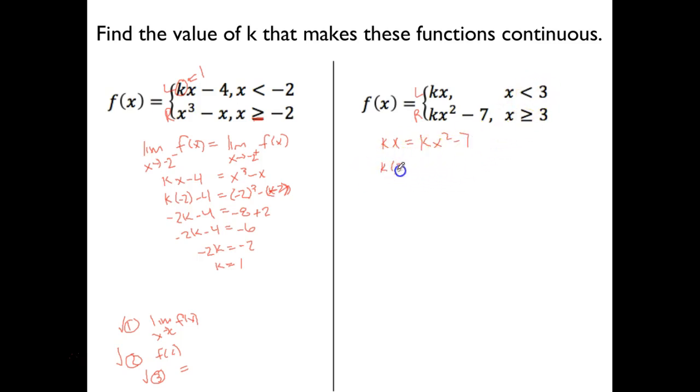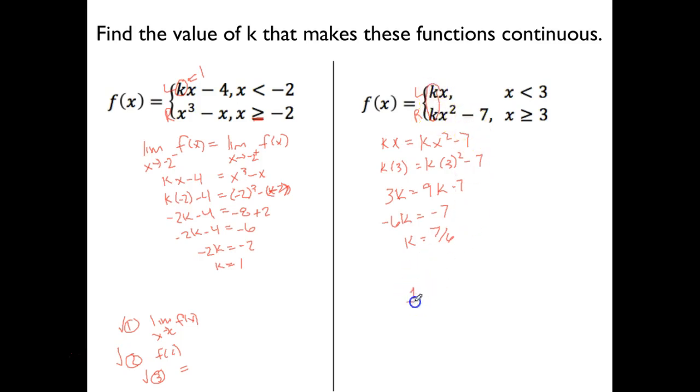So k times 3 equals k times 3 squared minus 7. That's going to give me 3k equals 9k minus 7. Subtract the 9k over, so it's going to give us -6k equals -7. So divide by the -6, we get 7 over 6. That is the k value that's going to make these two functions equal each other.